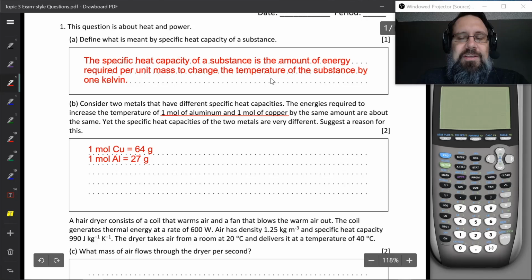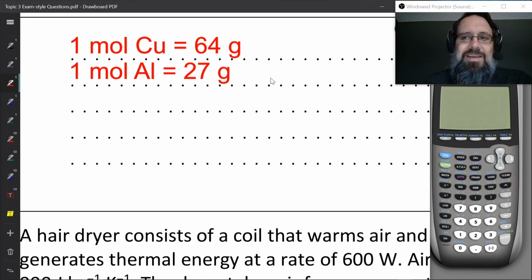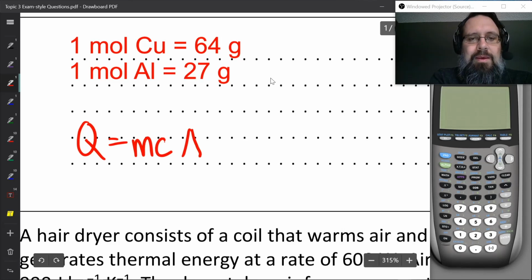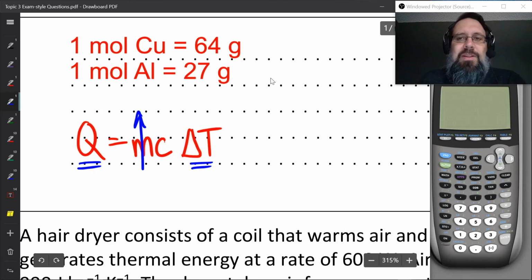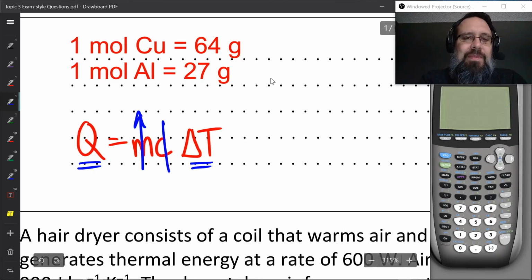And if you think about the heating equation, Q equals mc delta T, what it's telling us is that the same amount of heat is required for the same temperature change, roughly, between aluminum and copper. But what we know is that copper has a much greater mass. Well, what's the only possible explanation for how something with a greater mass could have the same amount of heat needed to change its temperature? Well, that's because the specific heat capacity of copper must be lower.